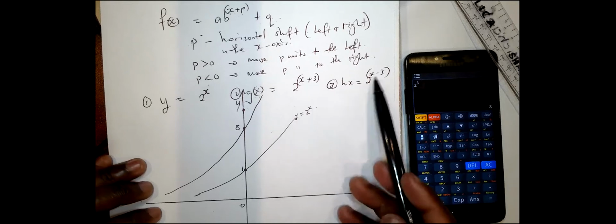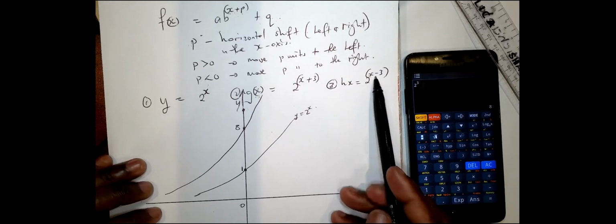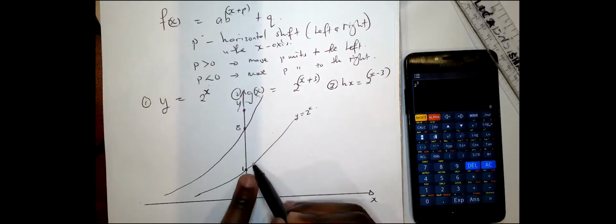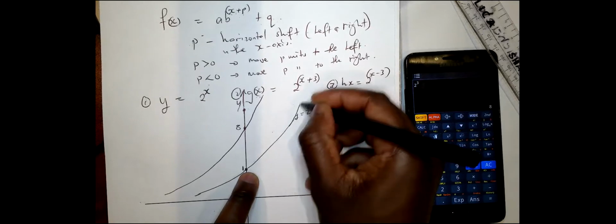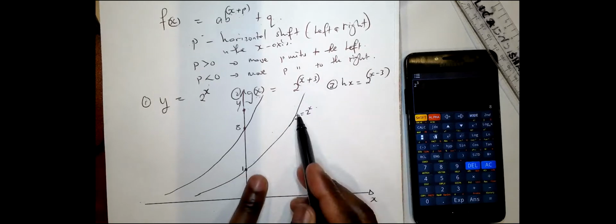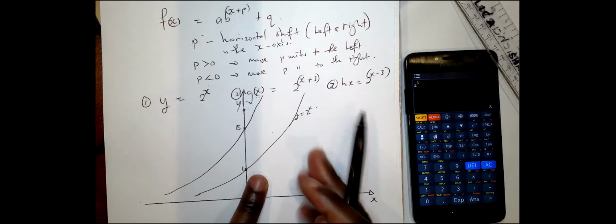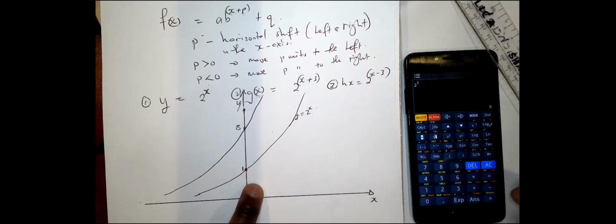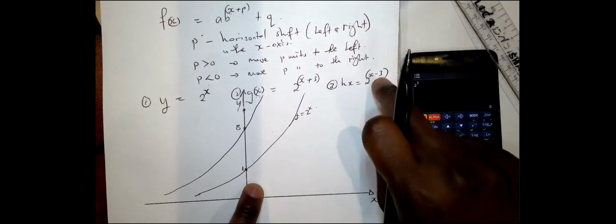Now, if it is negative, it's going to be a bit tricky, because if you move this graph by negative units, you are moving to the right. How are you moving to the right? The reason is that we want to be left with x here.